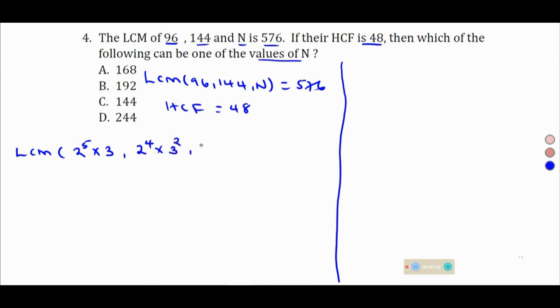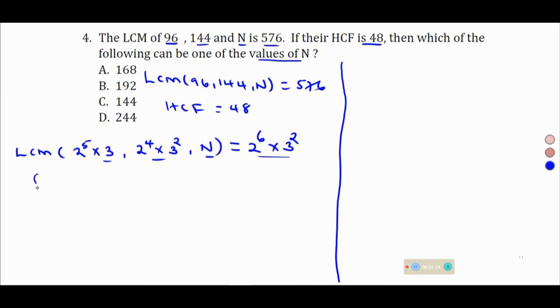Then we can also have our N there, but the LCM of 96, 144, and N is 576, which we can also factorize as 2 to power 6 times 3 to power 2. So the LCM of this one and n is simply this. That is when we express them in terms of their factors.